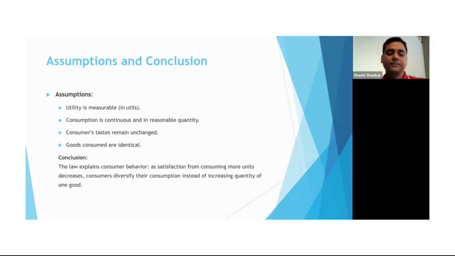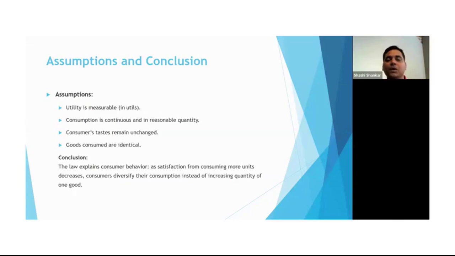Next assumption is that goods consumed are identical. If the goods are not identical, it would be difficult to analyze. For individual, distinct products in the market, it is difficult to analyze by this law. That's the reason the assumption is that goods consumed are identical in nature. Then only can we analyze the law of diminishing marginal utility.